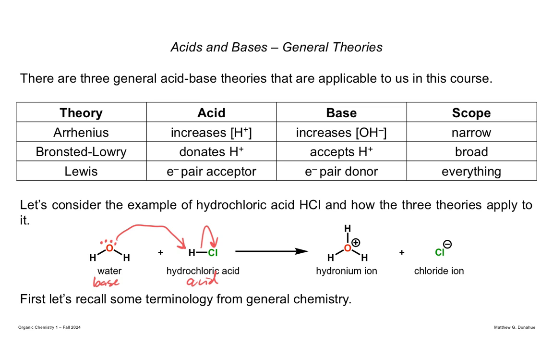So on the product side, hydronium is the conjugate acid. And chloride ion is the conjugate base. So one thing you need to be able to identify are these conjugate acid-base pairs. So the thing that started as the base will end up as the conjugate acid.